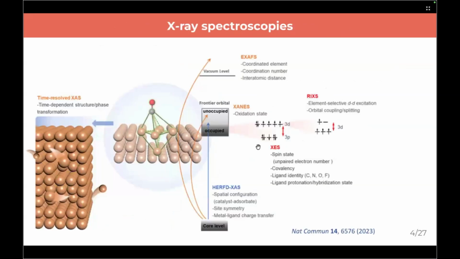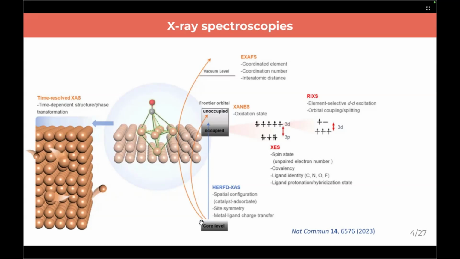And with the X-ray spectroscopy, you can see that it actually includes a very wide category of techniques. For example, we have the time-resolved X-ray absorption spectroscopy, which is able to capture the time-dependent structure phase transformation.